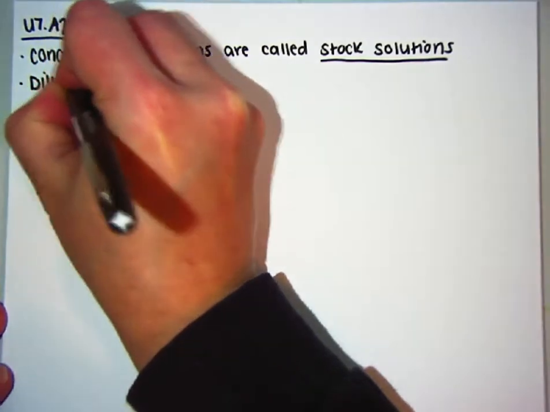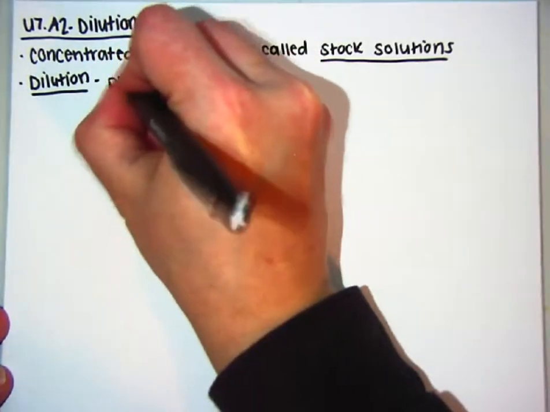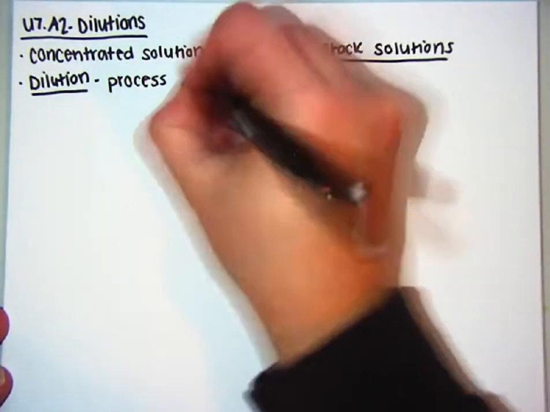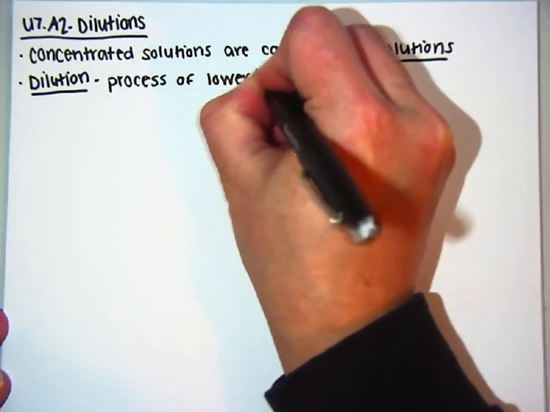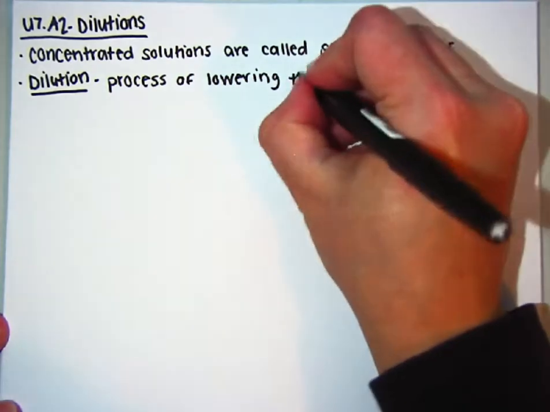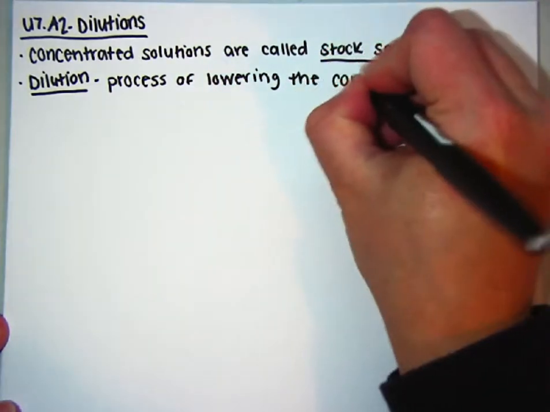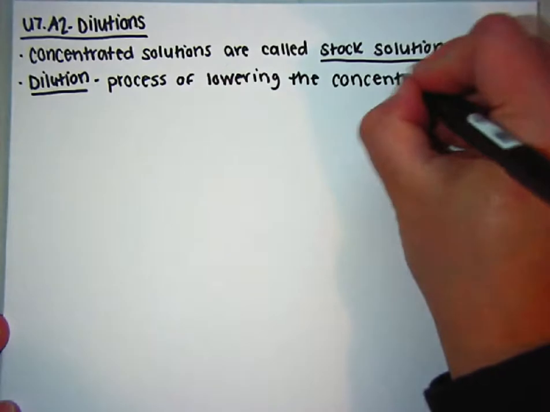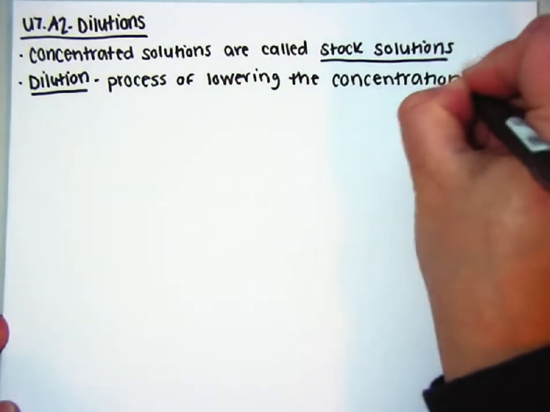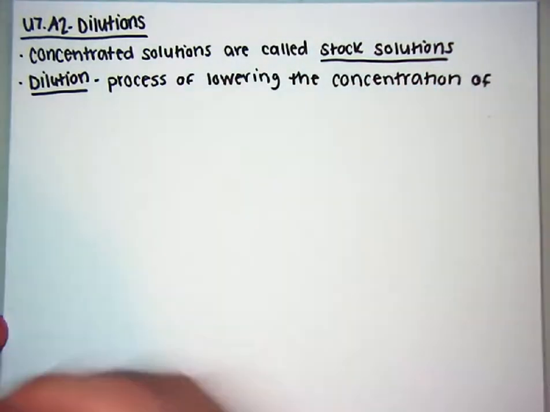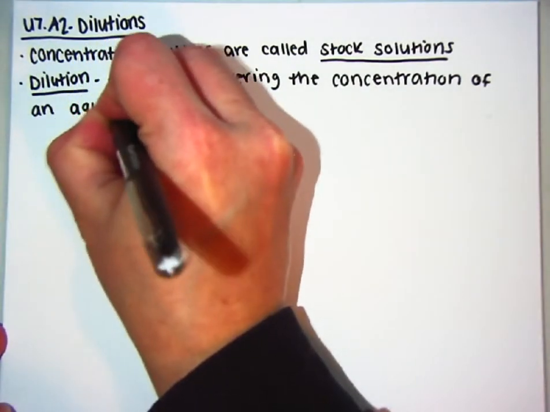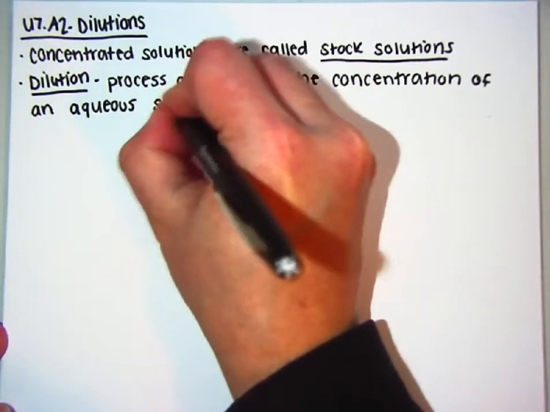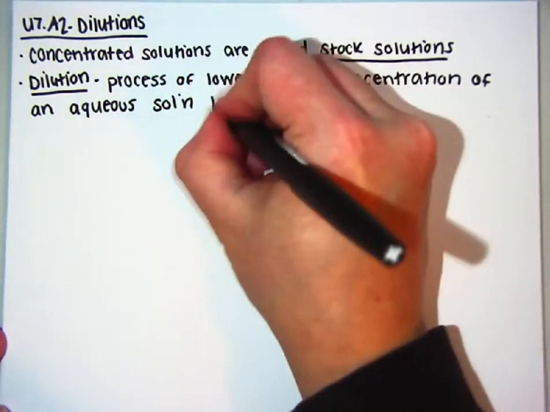So what is a dilution? A dilution is the process of lowering the concentration of an aqueous solution by adding water.